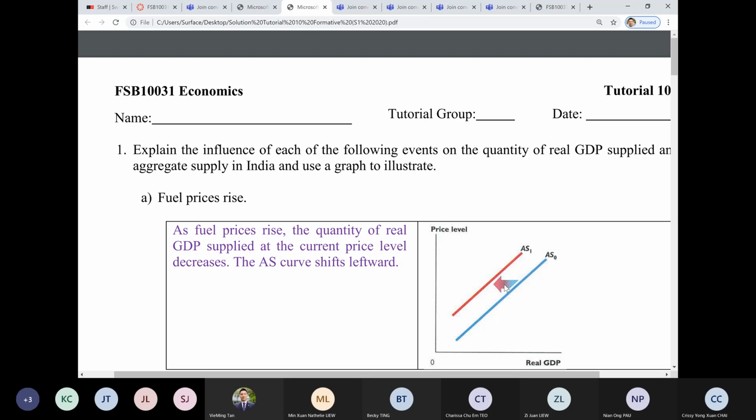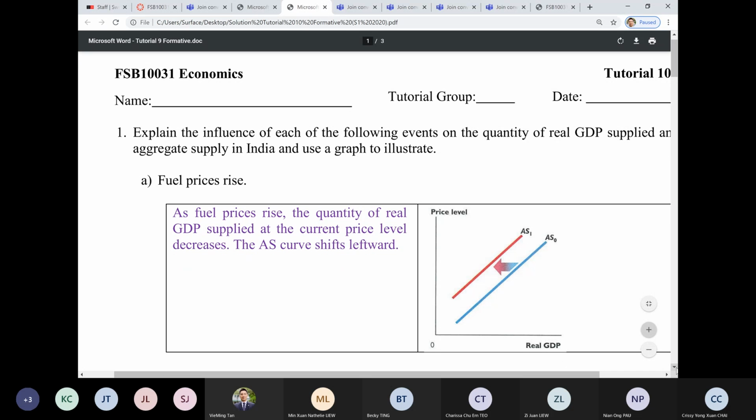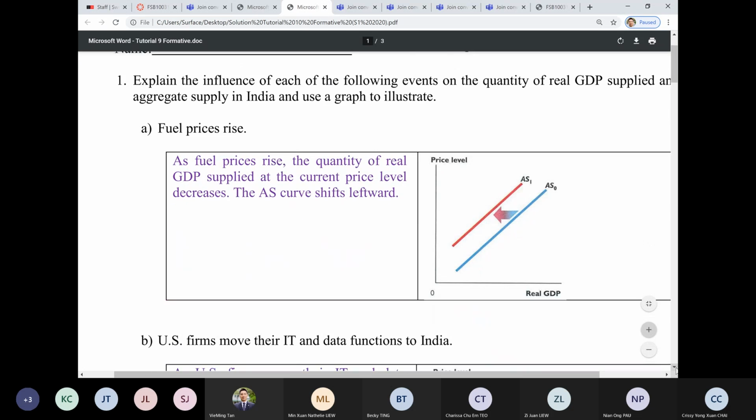Okay. All right. Question number 2. Question number 1B. Okay, I go back to the question again. So this question is, US firms move their IT and data function to India. So that means more resources now, more investment.